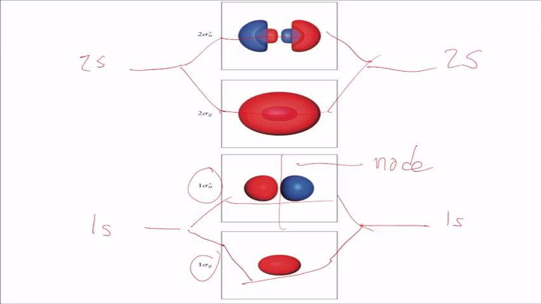Here we see another node, right? There's a node there, kind of like a radial node, belonging to the 2s. And here we see 2 nodes, one node like this, and then one node in between. So here we see 3 nodes.